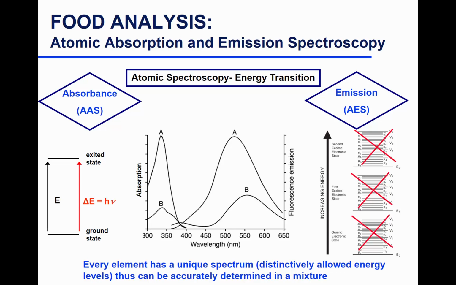When the photon hits, the atom will absorb only in its allowable energy shifts. So you have to remember that. If the energy bombarding that atom is within its potential energy shifts, then it will absorb light. If it's not within its potential energy shifts, it will not absorb light. And that's why we have different spectra for different matter.